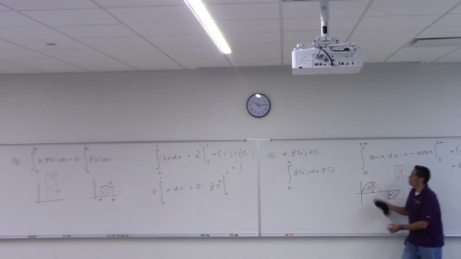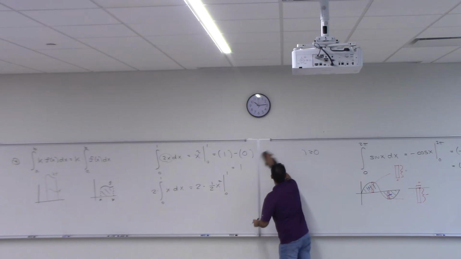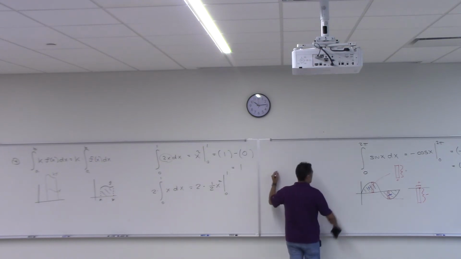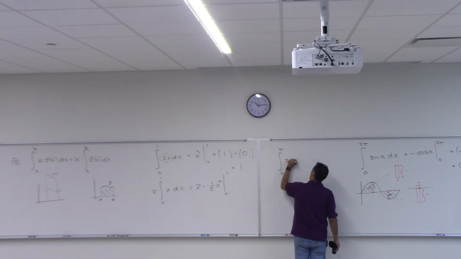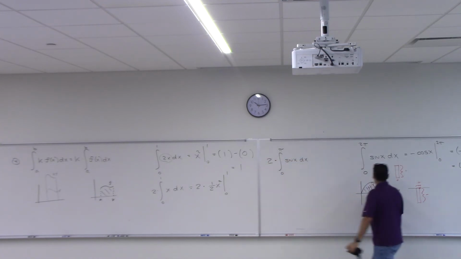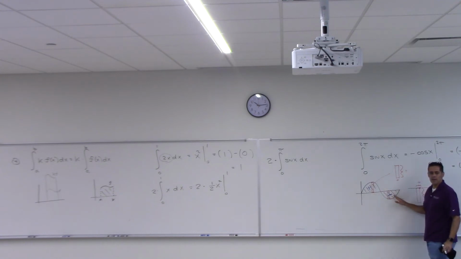Another thing we could do, so let me get to this. Two options for this, right? If we wanted the true area here, option one would be do this integral. 0 to where? Pi sine x dx, double that answer.